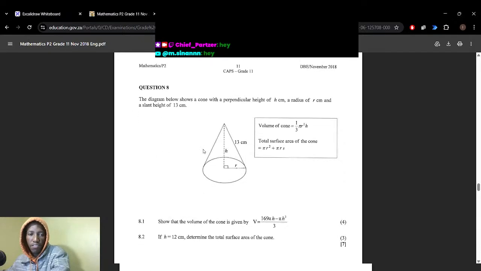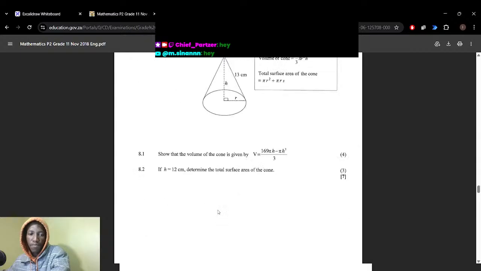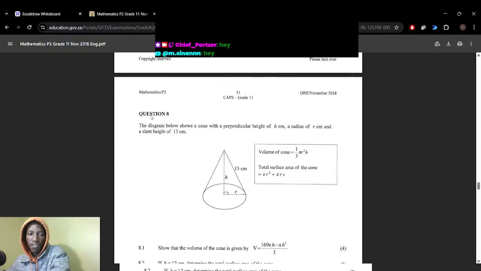Question 8, such as the diagram below, perpendicular height of and so on. We're going to cover the shapes curriculum of grade 11, all those shapes and the questions that come along with them.